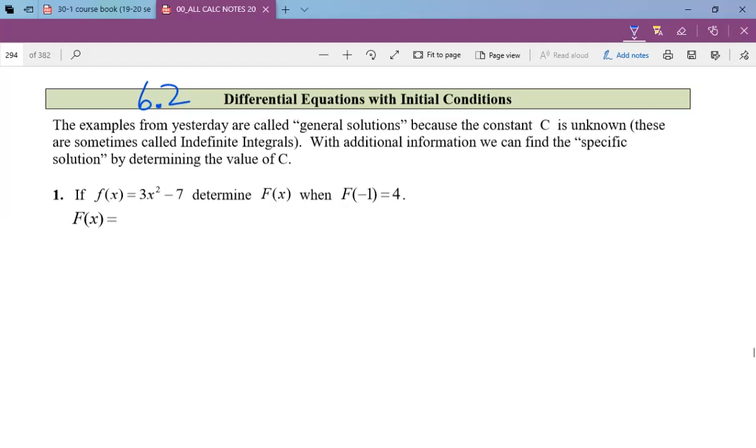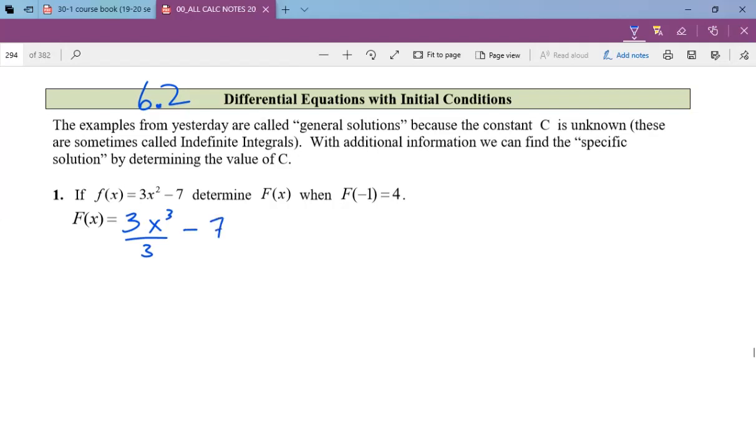Remember our process: we leave our 3 here, add 1 to our exponent, so this ends up being 3x cubed, but we also have to divide by that 3. When we take the derivative, we multiply by 3, so to anti-differentiate, we divide by 3.